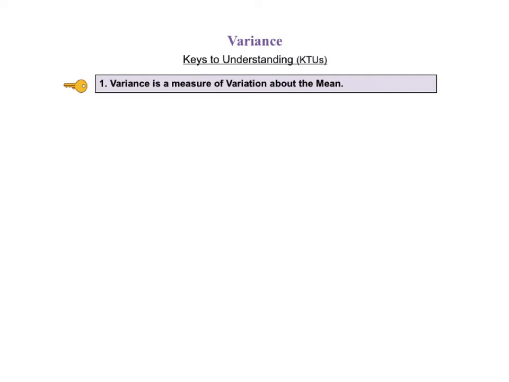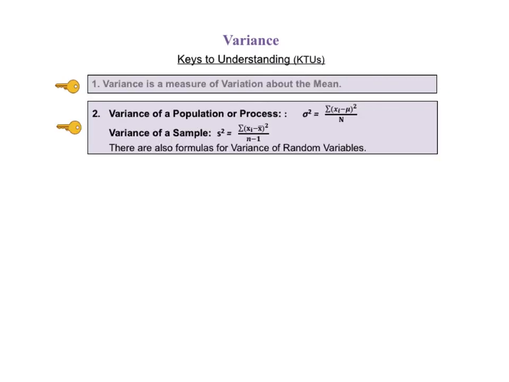The first key to understanding tells us that variance is a measure of variation about the mean. The second KTU gives the formula for the variance of a population or process and the formula for the variance of a sample, and we will also show formulas for variances of random variables.